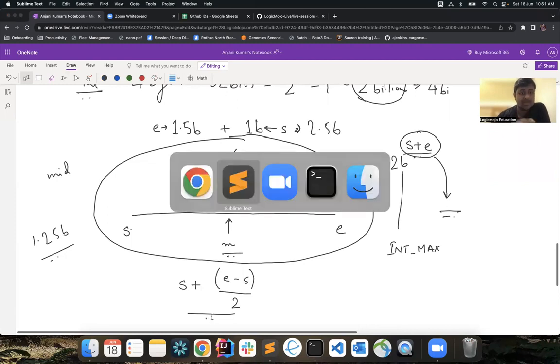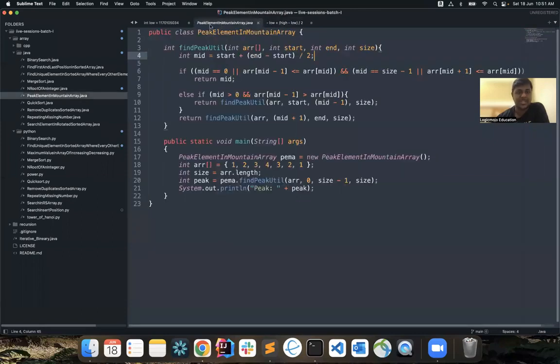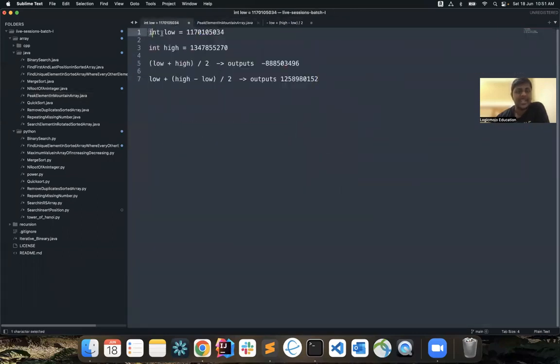I can show you an example. This is a sort of small assignment for you. Just take int low is equal to this number and int high is equal to this number, for Java and C++. For Python, you won't see this weird behavior. When you do mid is equal to (low plus high) by 2 and then print mid, you will see that the output is something like negative 88850.